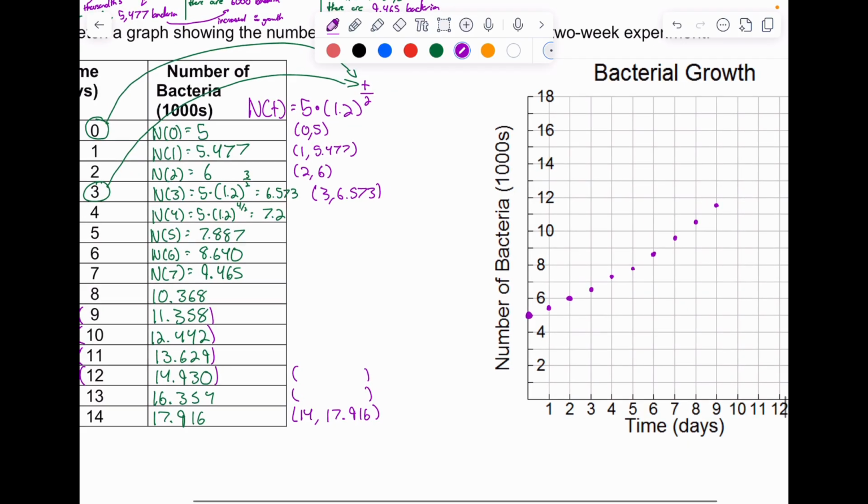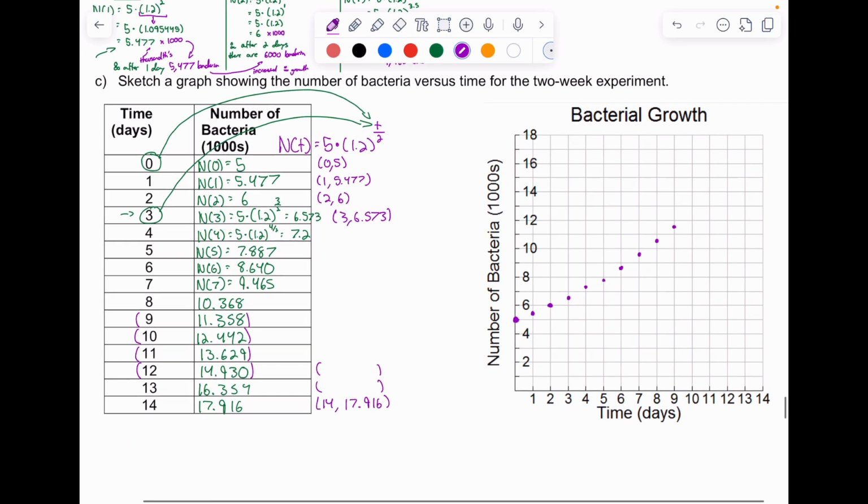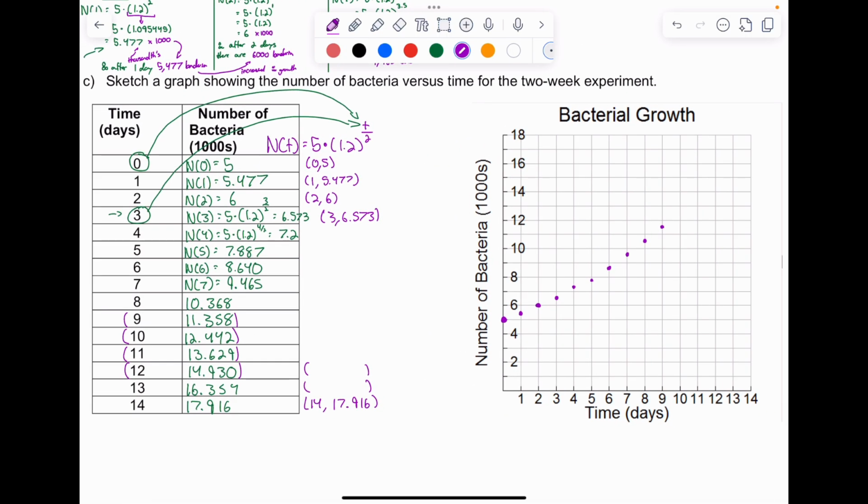Okay, and I'm going to run out of room. 10 is 12.44. 11 is 13.6. 12 is 14.9, so it's pretty much at 15. And then 13 is at 16.3, so about halfway almost. And then 14, the last one, is 17.9. So we're right up here.